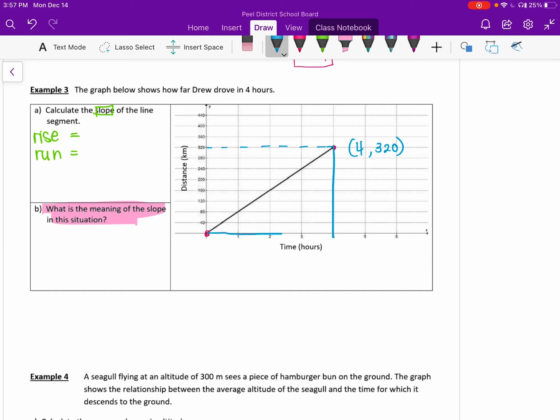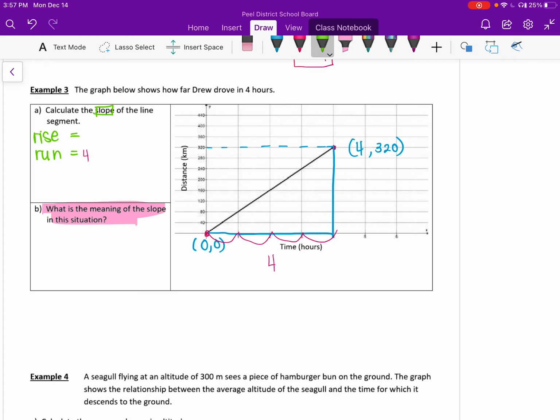Y is 320. And this is just 0, 0. And I always like working with 0, 0 because it's an easy number to work with. So if I'm going from 0, let's count over how many points. I have 1, 2, 3, 4. I moved over 4 points. So my run is going to be 4.